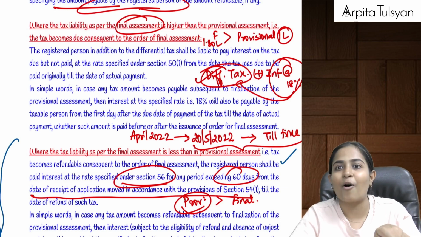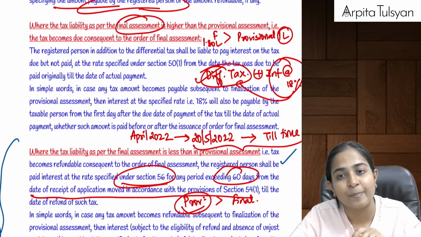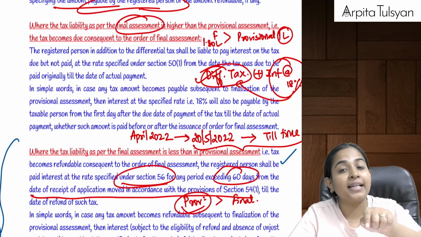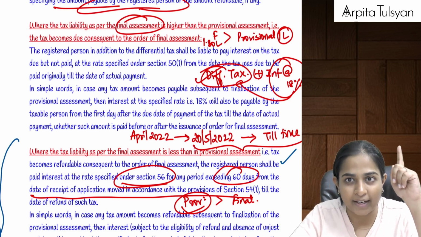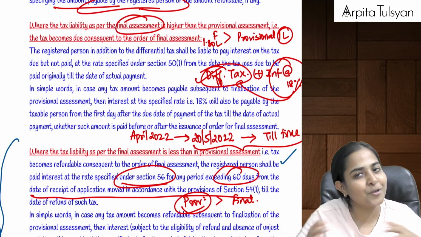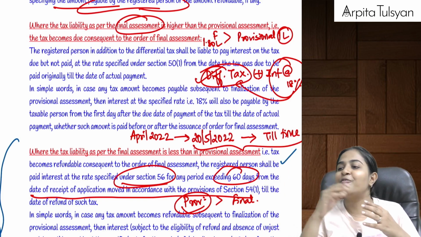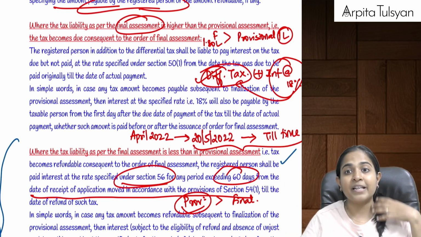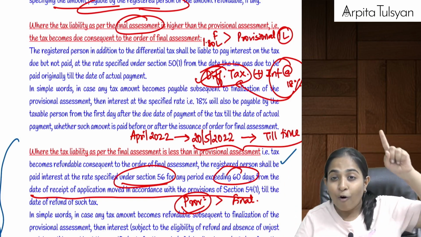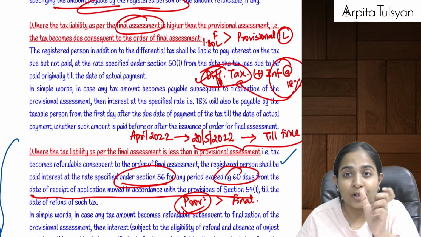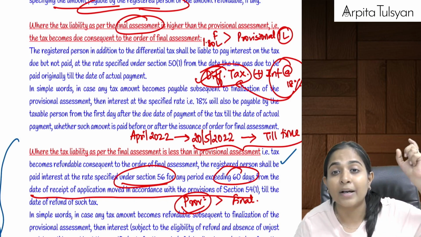Plus, on that amount we have to pay the interest also. This interest is payable at the rate of 18% to the government, because we have to pay at the highest rate. But ma'am, from when? Let's say that particular transaction pertained to the month of April.